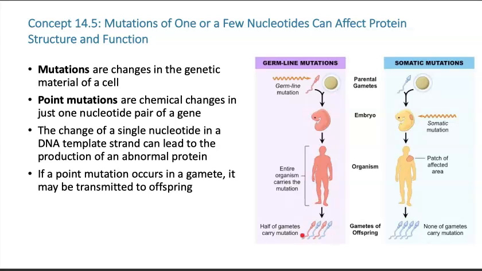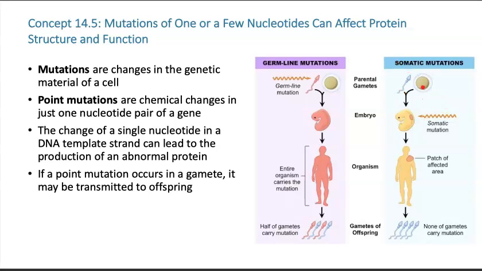So only half of those gametes are going to carry the mutation, but I could say it another way: half of the gametes are going to carry the mutation. So that's a pretty big percentage. It's fully 50%, right?